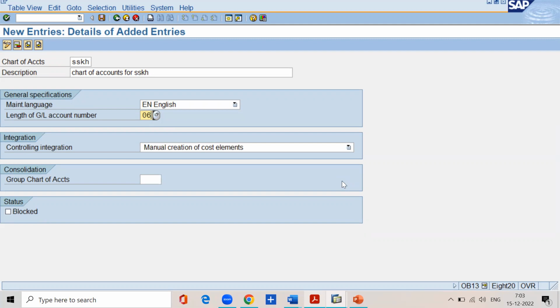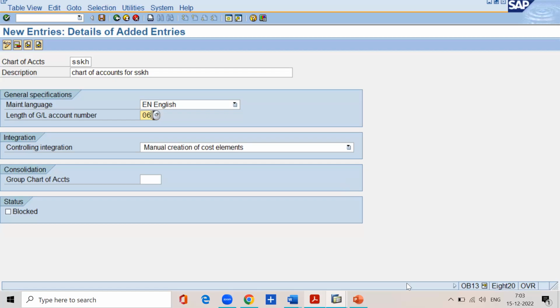See, here you can use up to 10 digits maximum, but we never use that many digits in the GL account number, even in real time. Normally, we use either 5 digits or 6 digits or 7 digits. 7 digits are also very rare, right? In most cases, we use 6 digits.